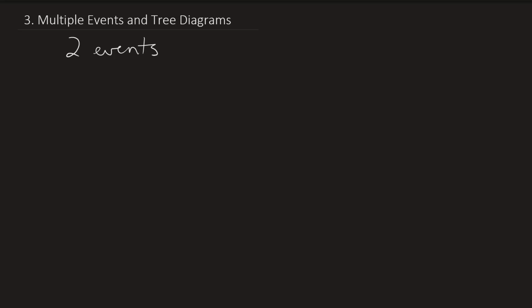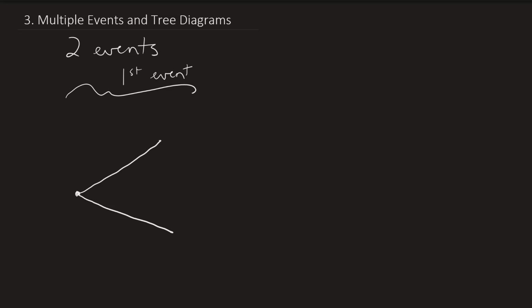So let's say I have my first event here, and for this first event, I have two possible outcomes. I start at a starting point and I will draw two branches because this event has two outcomes. I'm going to use shapes for these outcomes.